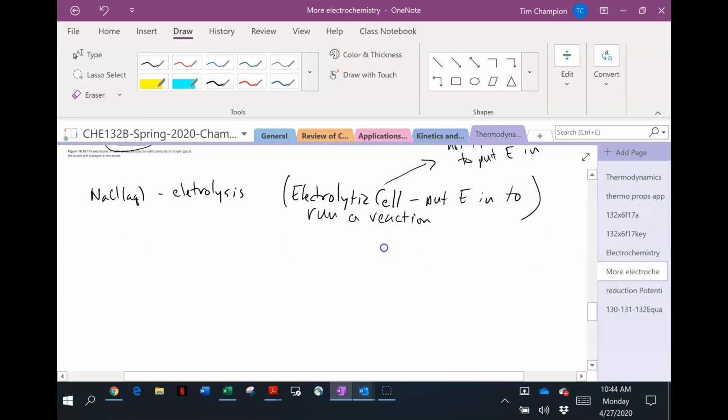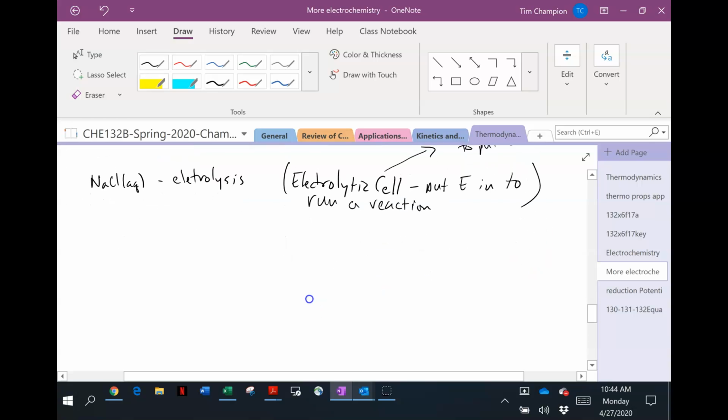All right, so let's think about salt water. We've got two electrodes in here, and I'll use the symbol for a battery here. Generically, we've got something providing electrical energy to go through this, and in this thing we have water, and we have Na plus and Cl minus. So we've got salt water.